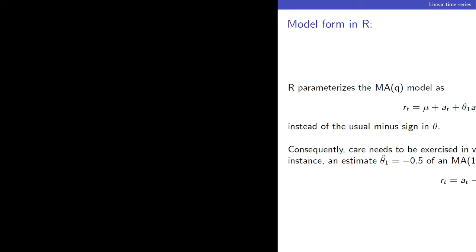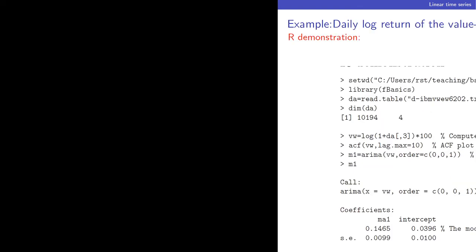So we need to take a lot of care in writing down a fitted MA parameter in R. For example, if our estimate is minus 0.1 in R, that will indicate that the model is like this. If we were to calculate this by hand, an estimate of phi sub 1 of minus 0.5 would turn this minus into a plus. So please be super careful when working with these MA models.